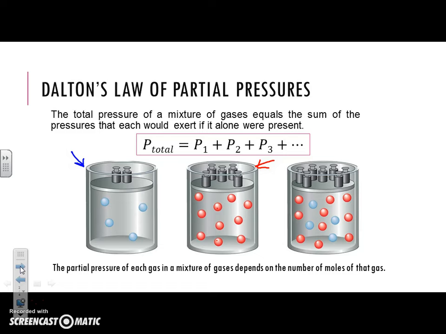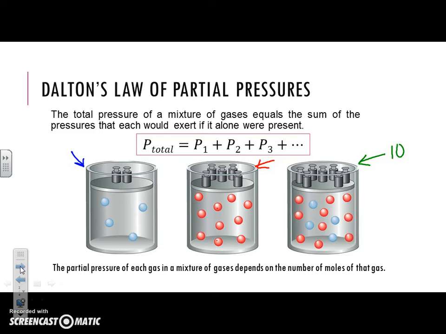When we put the blue molecules and the red molecules together, they need the 2 weights for the blue molecules and the 5 weights for the red molecules to balance everything out. And when they have those and they're balanced, their pressure is 10 weights.